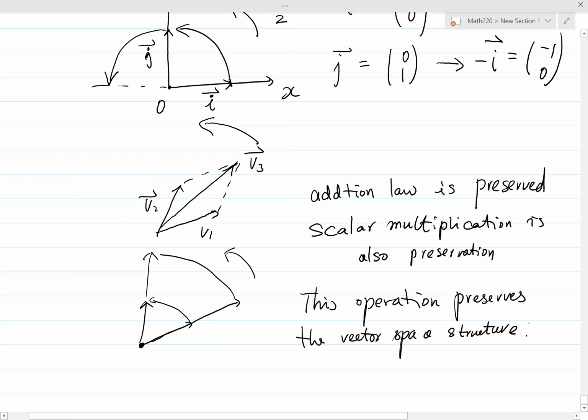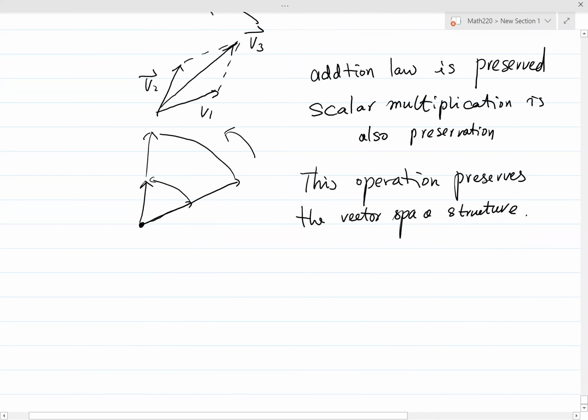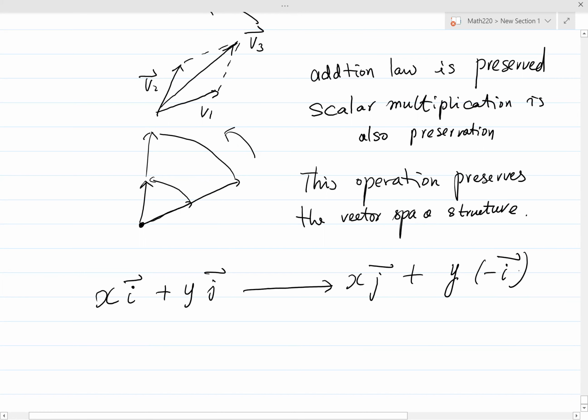Okay, so now how does a general vector transform? For instance, if we have xi plus yj, xi will transform to xj, and yj will transform to negative yi.